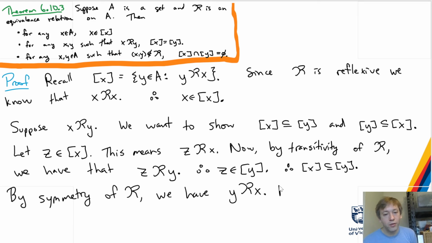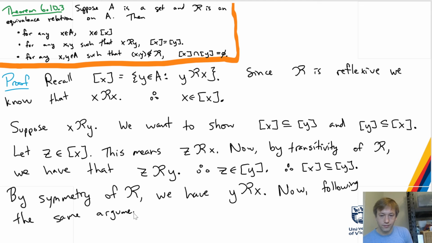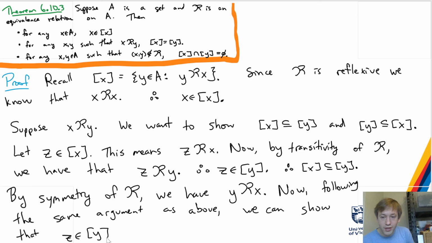Now, I'm going to skip a step here. Following the same argument as above, we can show that z being in the equivalence class of y logically implies that z is in the equivalence class of x.